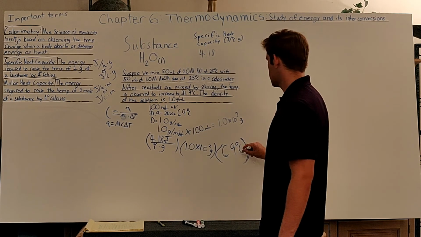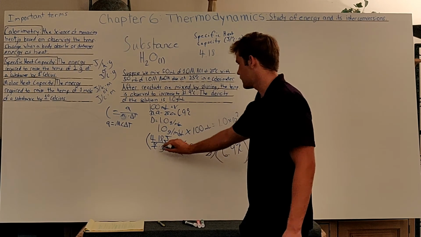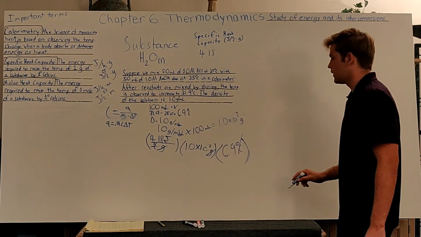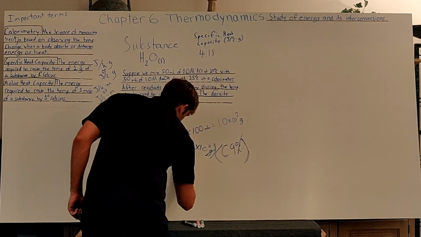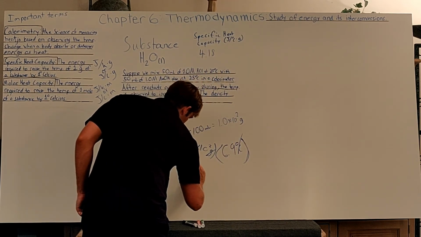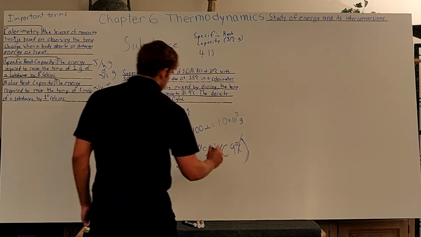Your Celsius cancels with your Celsius, your grams cancel with your grams, and when you multiply that all together, you get 2.9 times 10 to the third joules.